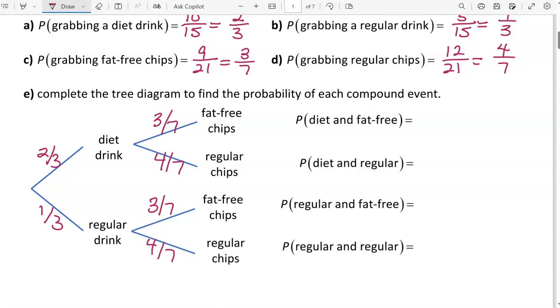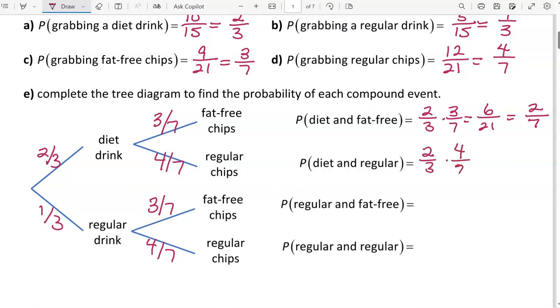Now the probability of grabbing a diet drink and fat-free chips is 2/3 times 3/7, which would give us 6/21, and that's going to reduce to 2/7. And then my probability of grabbing a diet drink and regular chips would be 2/3 times 4/7.